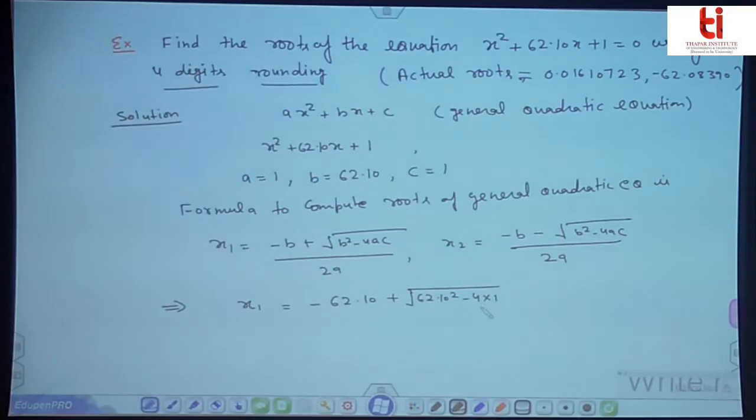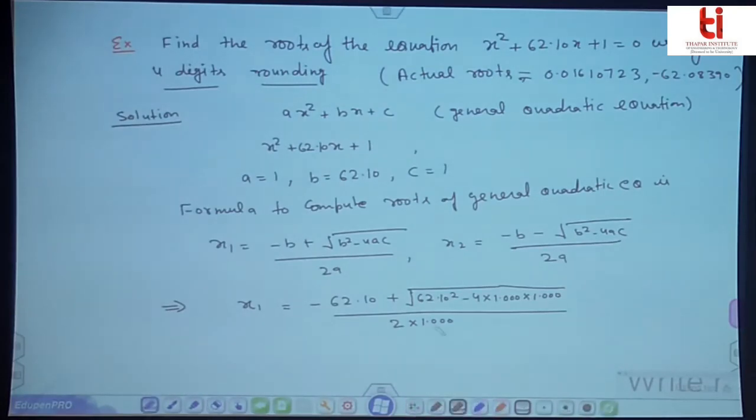We have to use 4-digit accuracy, so we write 1.000 into 4ac. This is the actual procedure. A is 1.000. So this is the square root term we are getting.